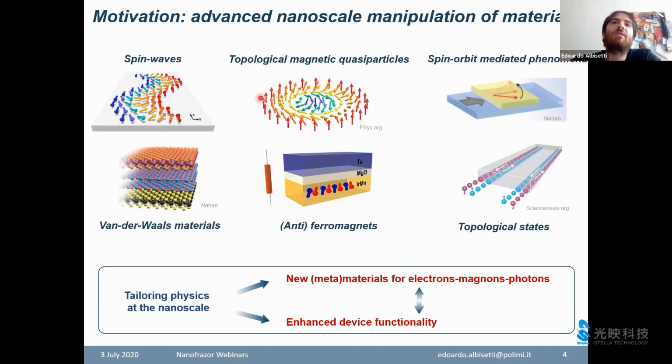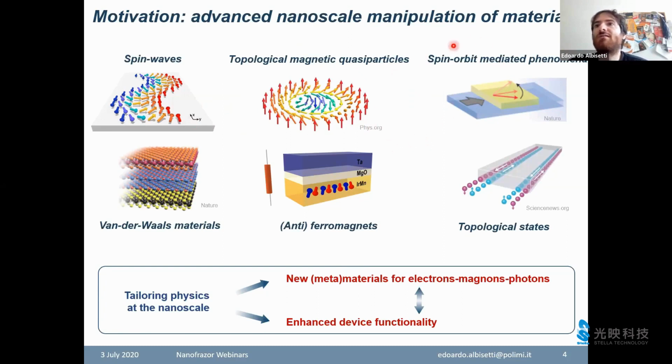And these are some of the physical discoveries that we are interested in. Spin waves, of course, that I will introduce briefly. Topological particles, if someone heard about skyrmions, for example, they are topological spin textures that live in ferromagnets, and not only ferromagnets, but in general in magnetic materials, that can be used for data storage, for example.